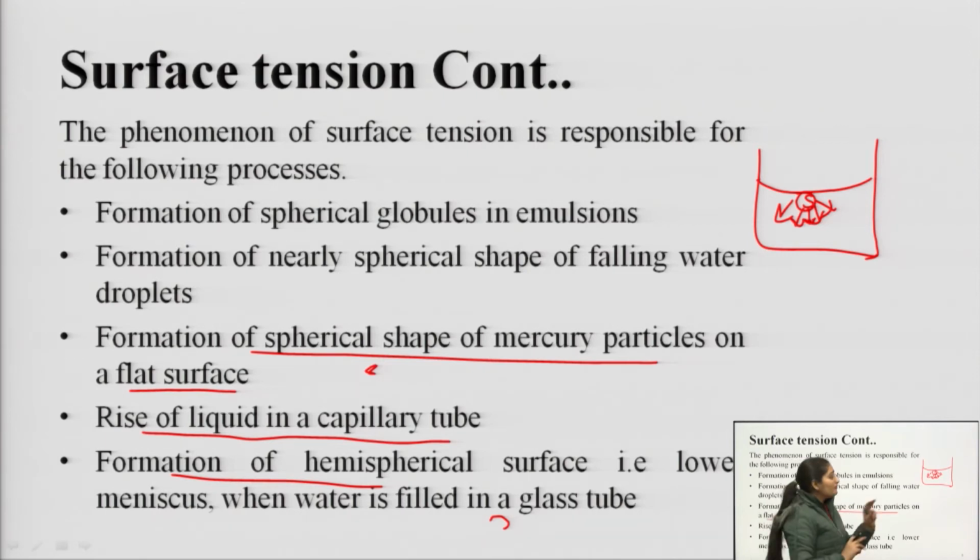And the last one is formation of a hemispherical surface, that is, the lower meniscus when water is filled in a glass tube or in a beaker or in a conical flask. Okay. Water will try to attain a hemispherical surface, that is, the lower meniscus, when it is filled into the glass tube.